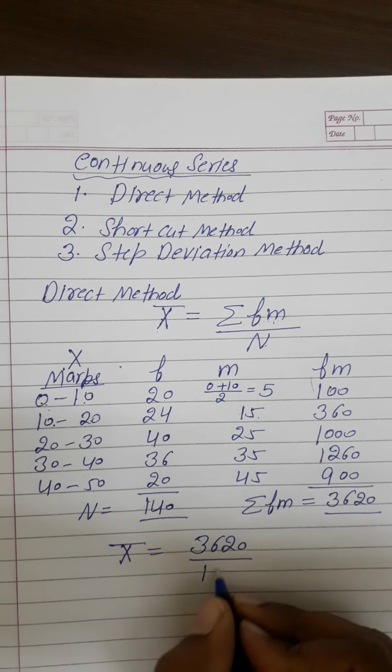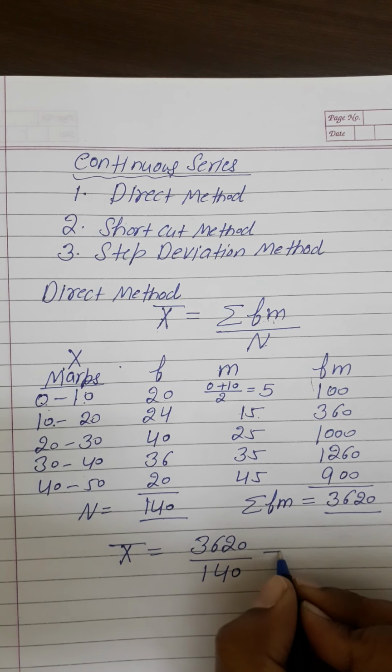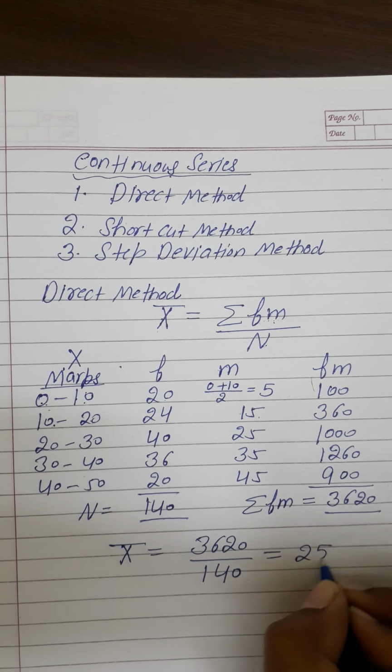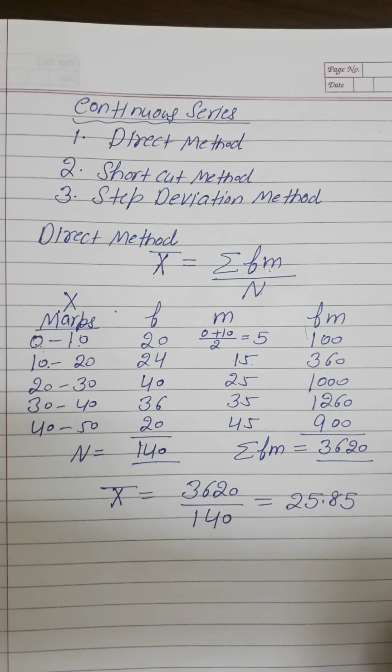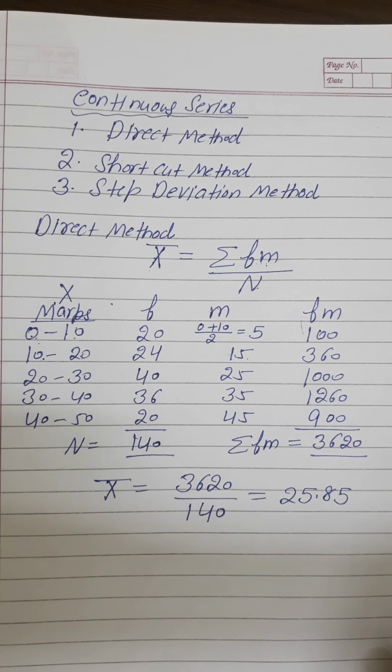N is 140. This will be 25.85. This is the direct method in case of individual series.